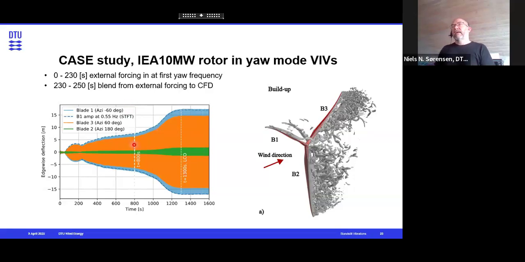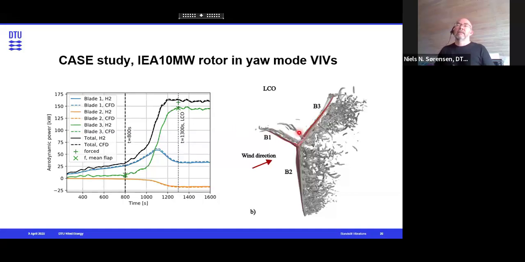If we want to understand what happens after 800 seconds, we see a sudden increase in the growth rate of the vibration amplitude until we reach the limit cycle. Looking at the individual blades, blade 2 along the tower is not very active. It's basically not providing any power input until 1000 seconds, and after that it is actually weakly damping the vibration.